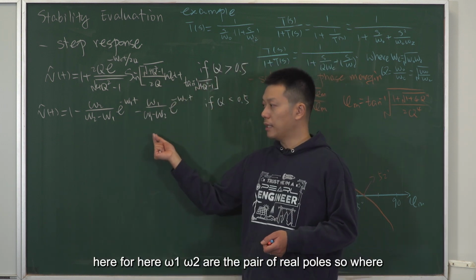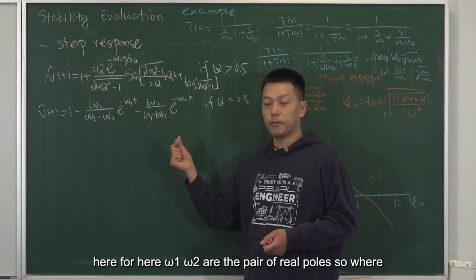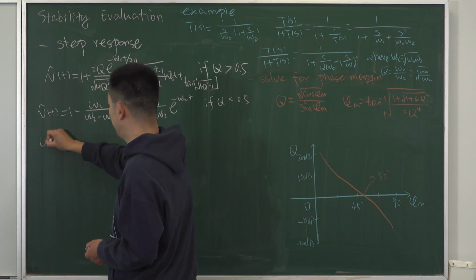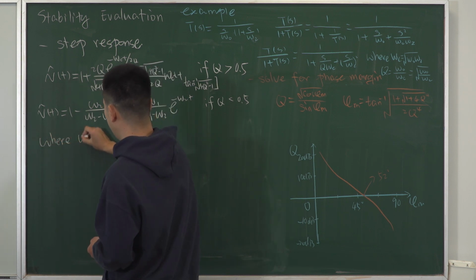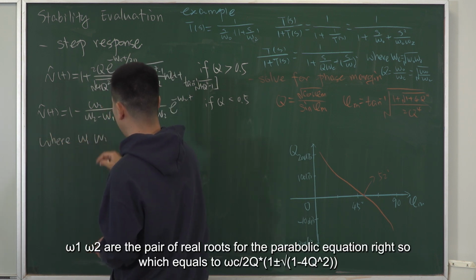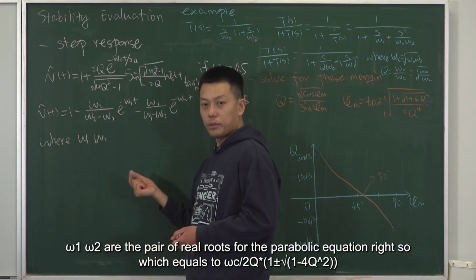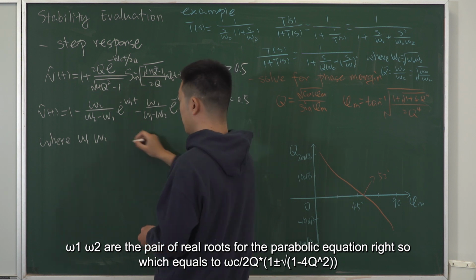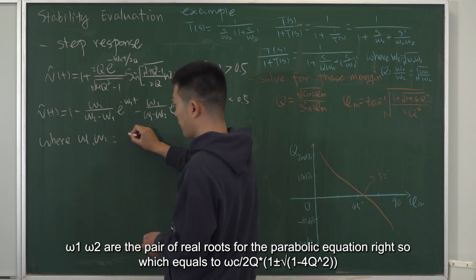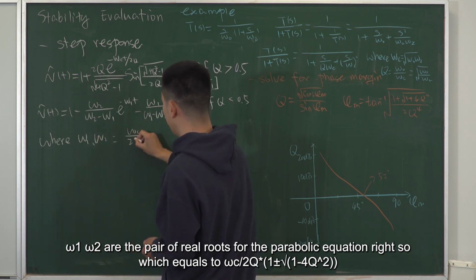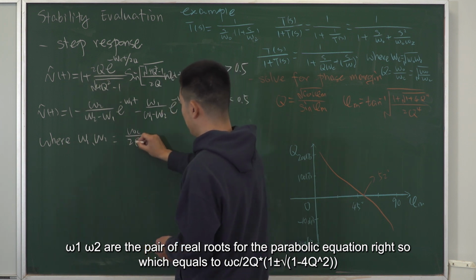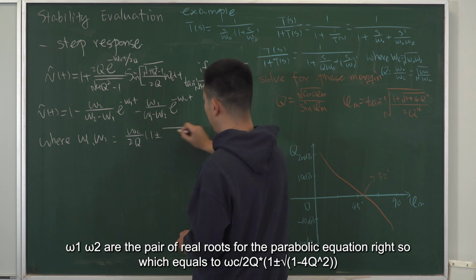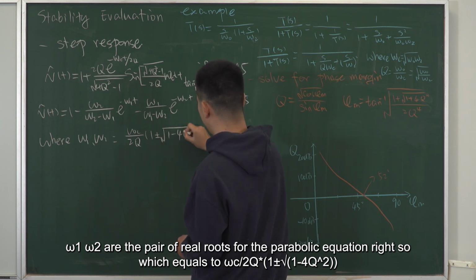Here, omega 1, omega 2 are the pair of real poles, where omega 1, omega 2 are the pair of real roots for the quadratic equation, which equals omega c over 2Q times 1 plus minus square root 1 minus 4Q squared.